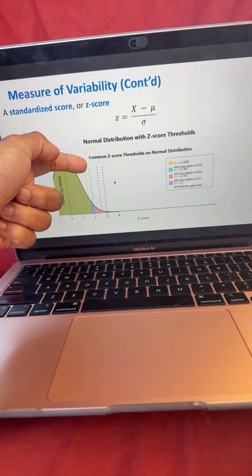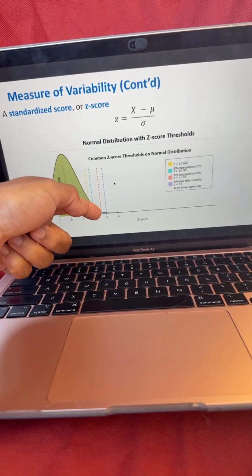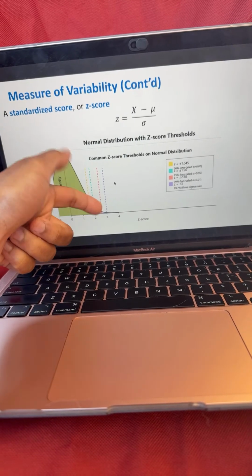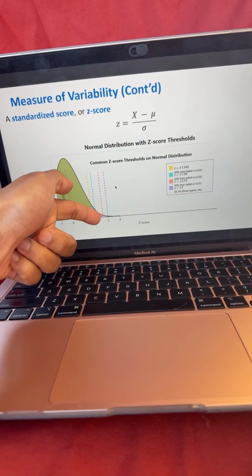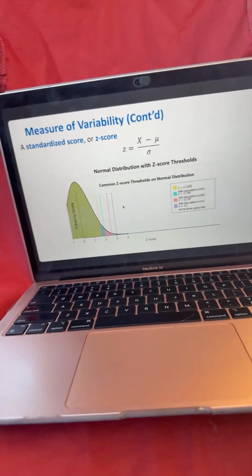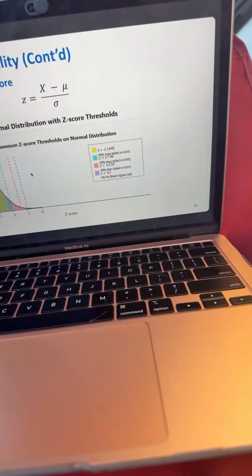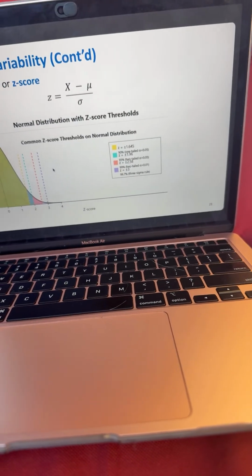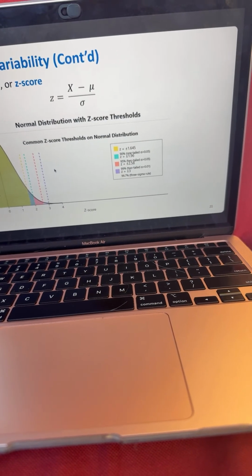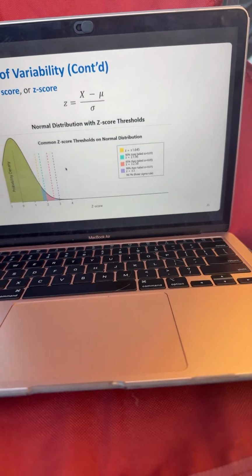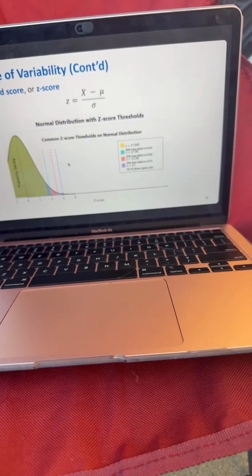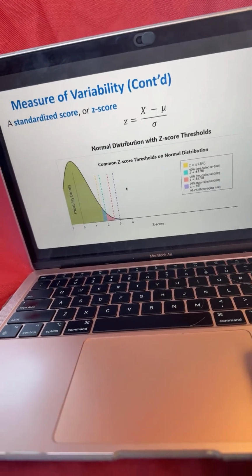Then this red, or orangish-red, line is 99%, and the purple is 99.7%. So one-tailed is 90%, two-tailed is 95%, and 99% is two-tailed, and then the 3 sigma rule is for 99.7%.